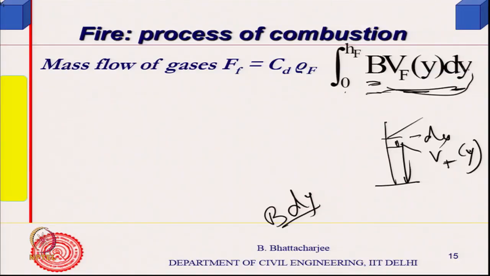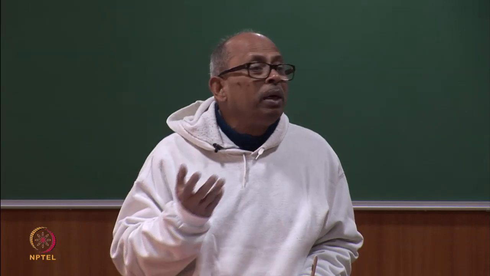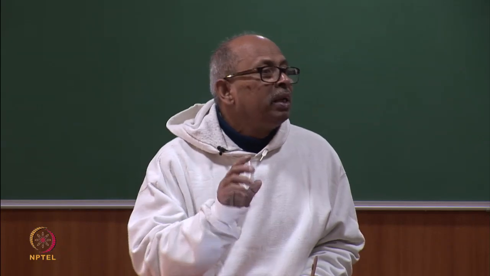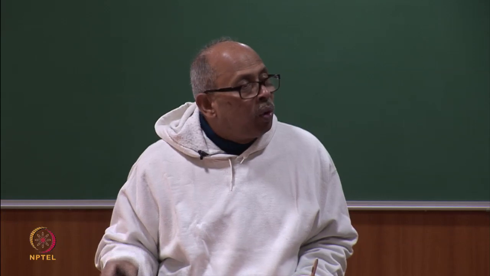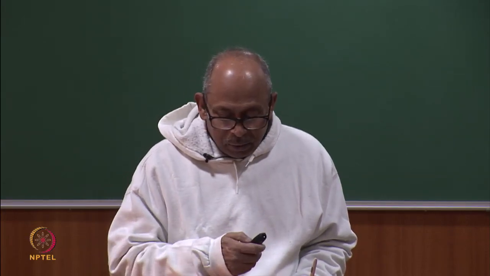So, B into this is the flow, and this is the density of the gas multiplied by a coefficient CD, because we are assuming streamline flow. Even when you calculate wind load, you will find there is a coefficient utilized, because a lot of assumptions are used.